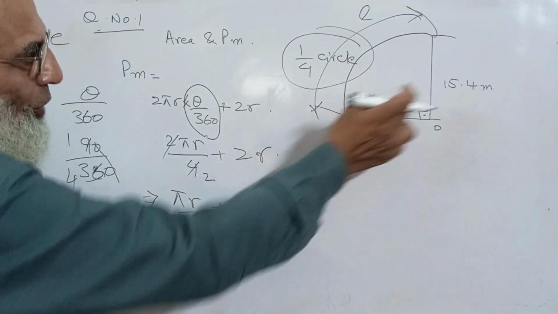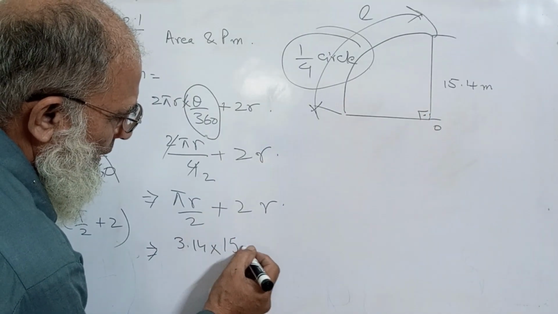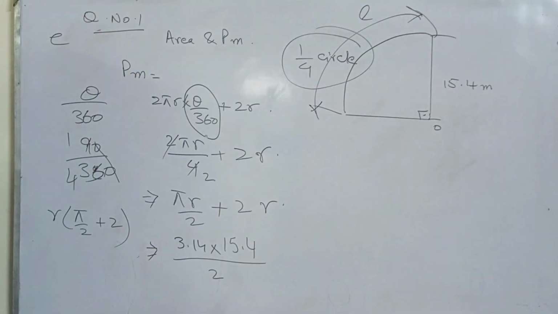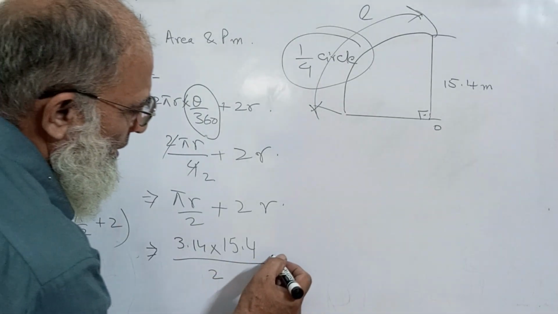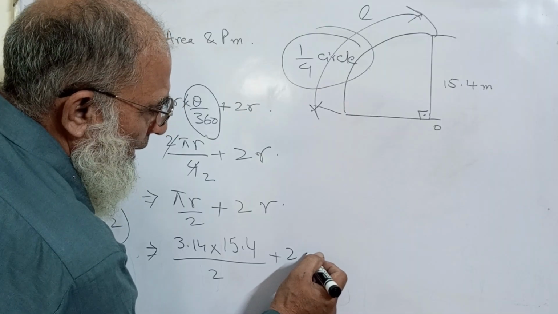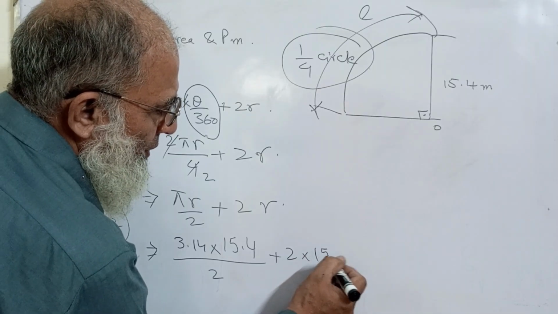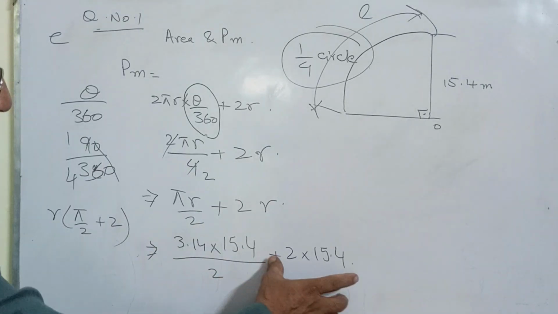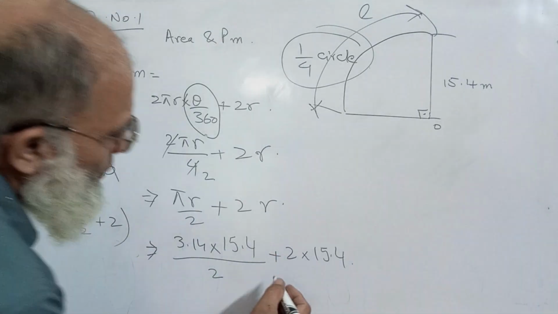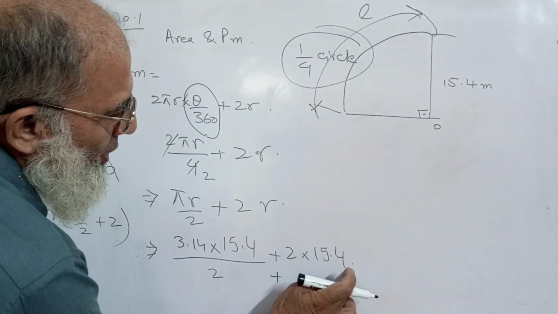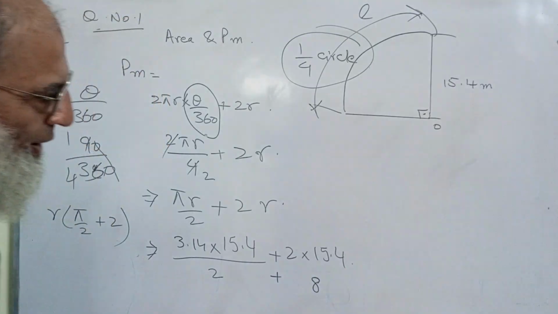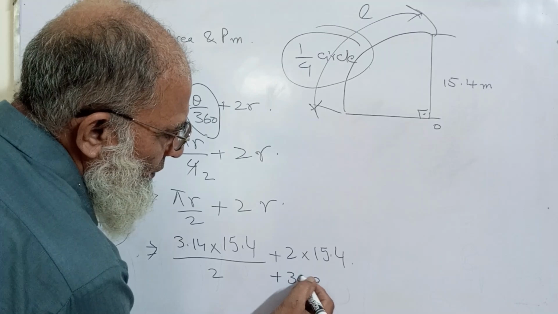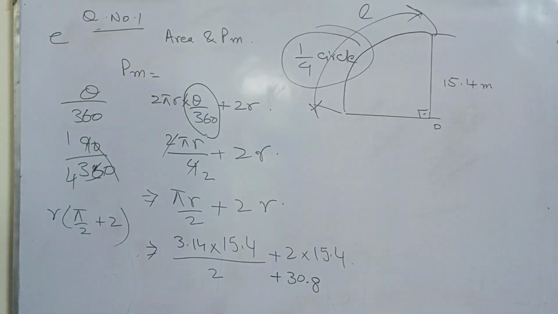3.14 multiplied by r, which is 15.4, divided by 2, plus 2 and r is 15.4. Now calculate this portion and this portion. This portion will become 2 multiplied by 15.4, which is 30.8.